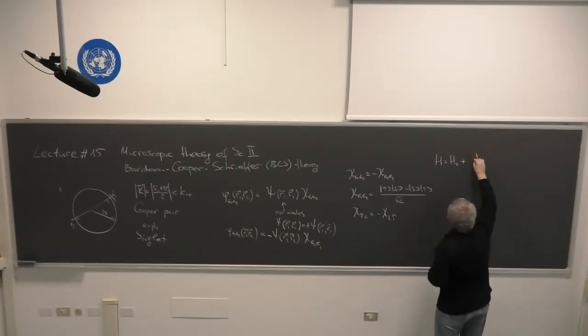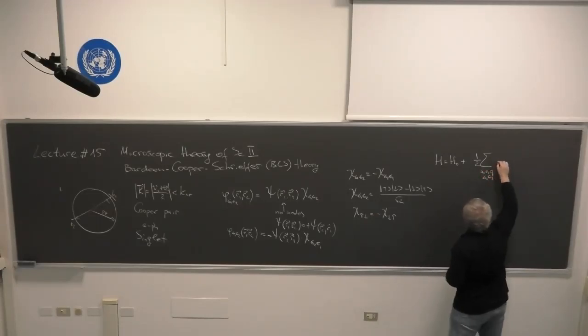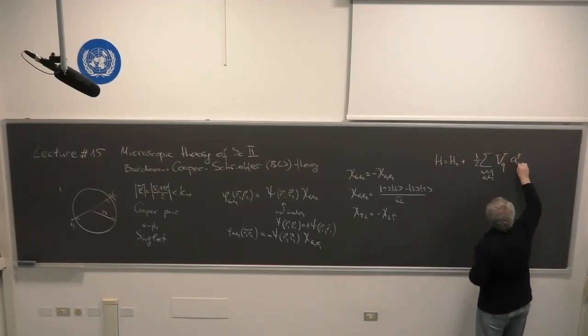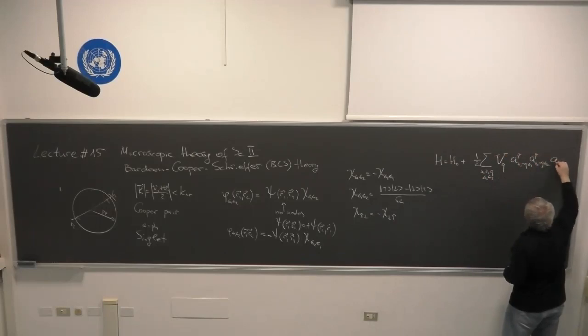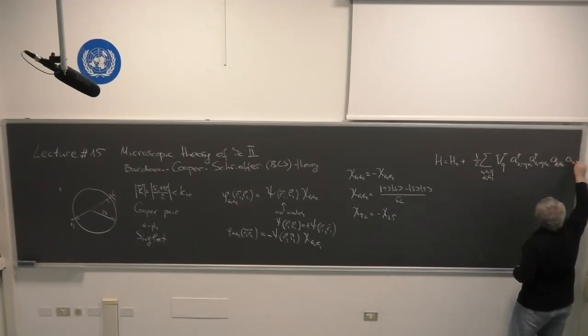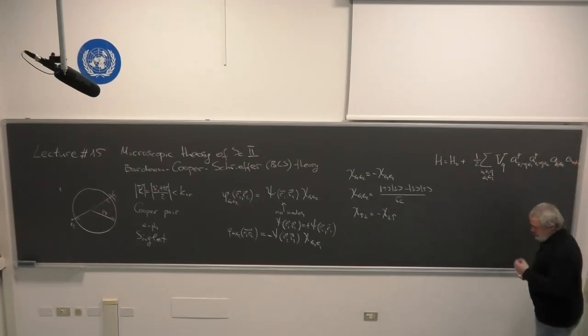H is equal to H naught plus 1/2 sum over k1, k2, q, sigma 1, sigma 2, V_q a dagger (k1 minus q, sigma 1) a dagger (k2 plus q, sigma 2) a(k2, sigma 2) a(k1, sigma 1).